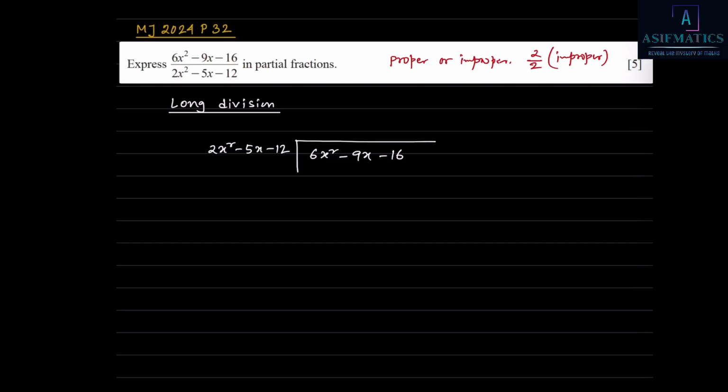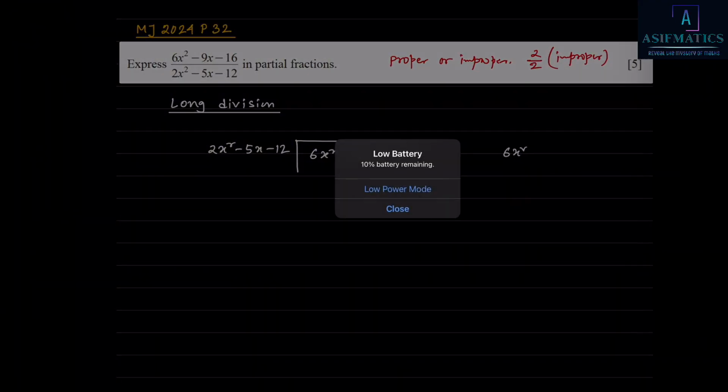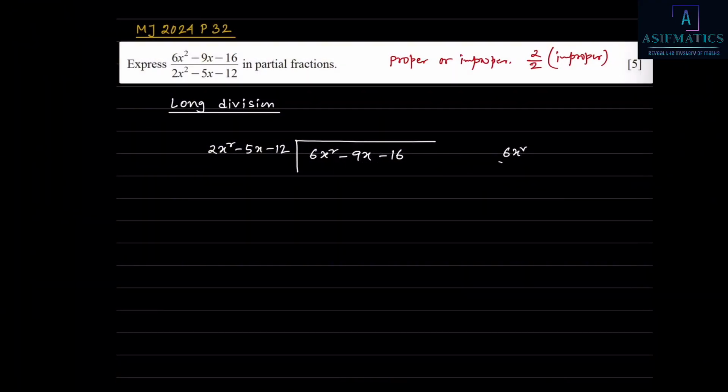So how to do that? Inner first number divided by outer first number. The inner first number is 6x square and the outer first number is 2x square, so that will be 3. If you put 3 here, you then need to multiply this 3 with the whole divisor. So you get the value 6x square minus 15x minus 36.